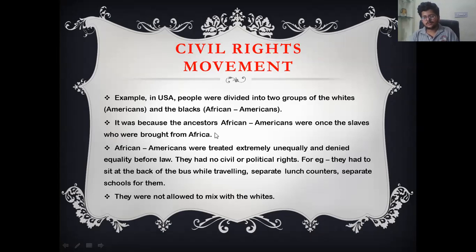They were not allowed to mix with the whites.